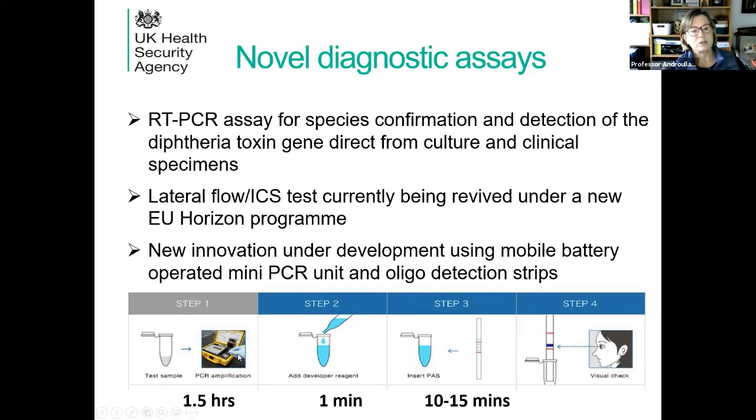You have your test sample, you have your mobile unit where the sample undergoes PCR amplification. You add your various developing reagents, and you expose the sample to these strips, and you obtain a result. As I said, it's in very early stages of development, but it's quite an optimistic approach.